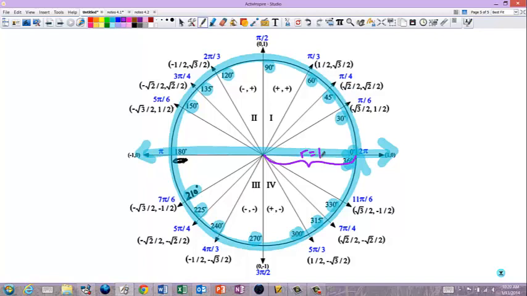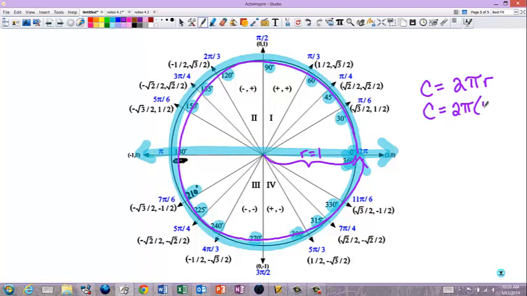If you found the circumference all the way around the circle, the circumference is 2 pi r, but in the unit circle, the circumference is 2 pi times 1, so it's 2 pi. It's all the way around.